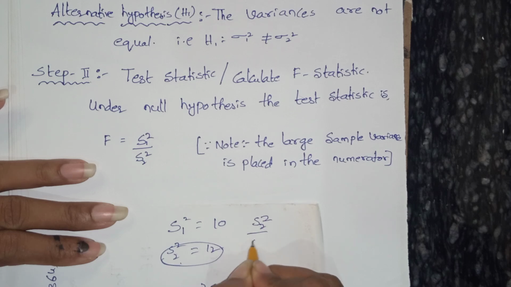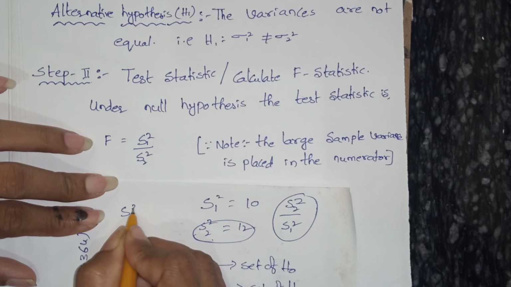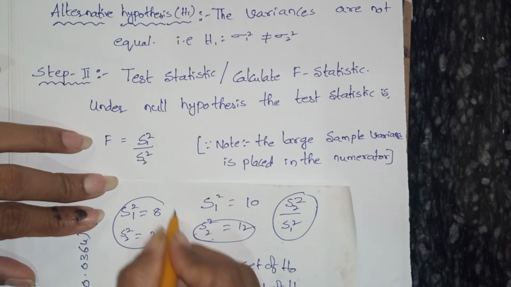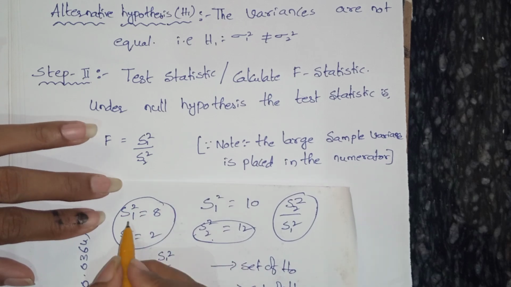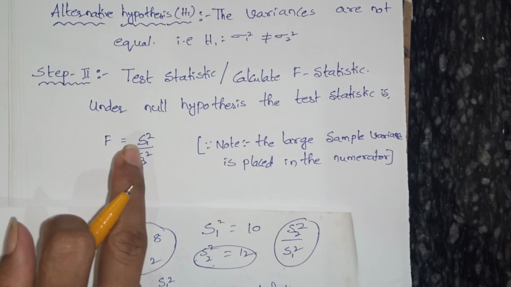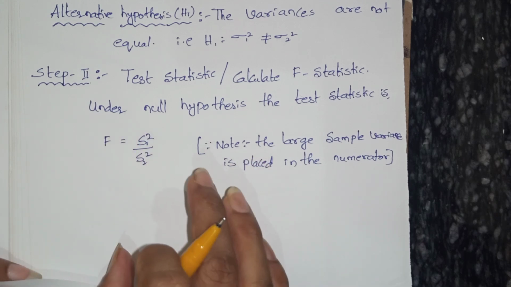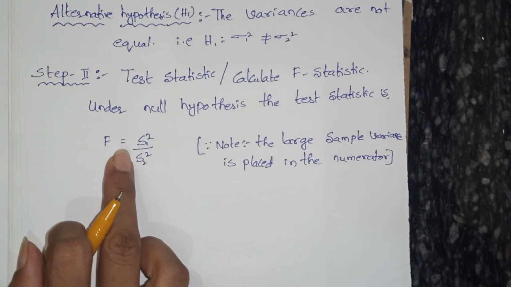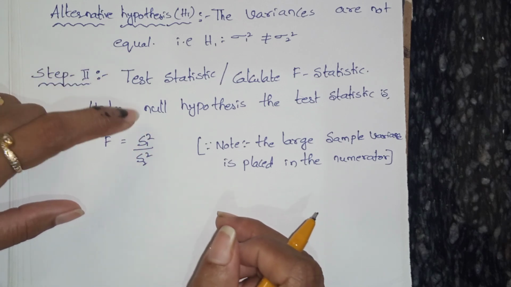S2 square by S1 square. If S1 square is 8 and S2 square is 2, then the formula is S1 square by S2 square. Whichever term is greater, we place it in the numerator. The formula changes according to the numerical value, because the greater term is placed in the numerator.